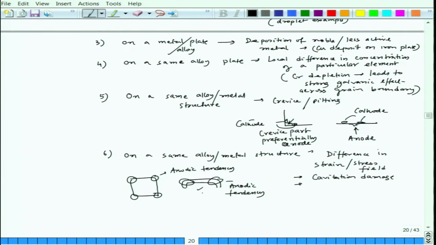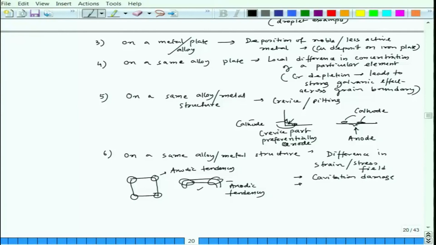I will show this in the next class. You will see that I have a rod I have collected from the roadside, and you will see that on the bent portion the corrosion is concentrated, and that actually happens because of that strain effect. So, these are common.